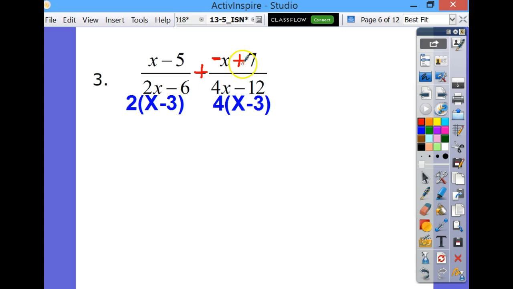Subtracting x and subtracting a negative 7 is the same thing as adding a 7. Let's make sure that you understand that. What I need to do is change the subtraction to an addition, and that will change the signs on both of these, because both of those are behind the subtraction sign. Both of those are getting subtracted.